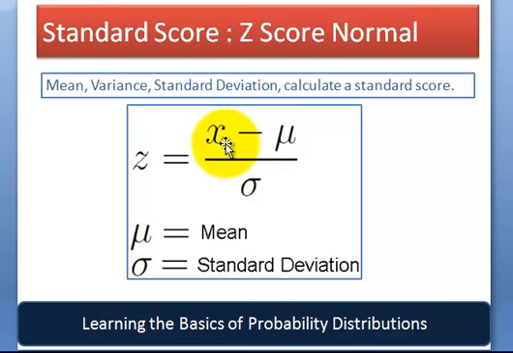So if I got a 70 on the test, the average was 80, and the standard deviation was 10, I would have 70 minus 80, which is negative 10, divided by 10, which gives me a Z-score of negative 1, which tells me I'm negative 1 standard deviation away from the mean. And again, I go through a ton of examples in Excel.